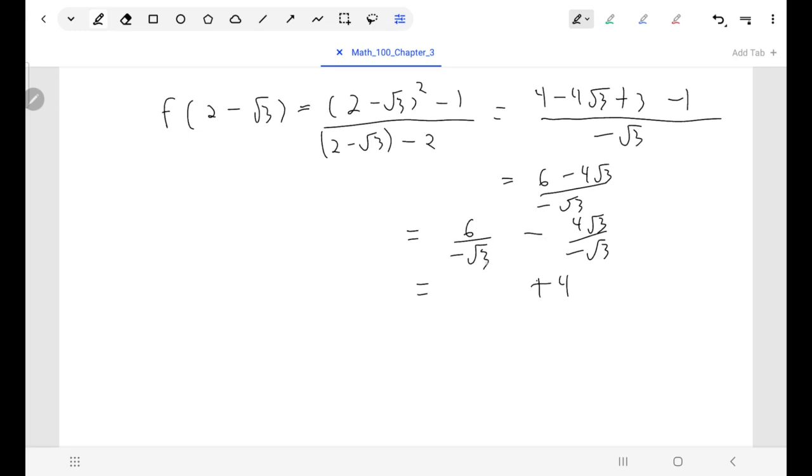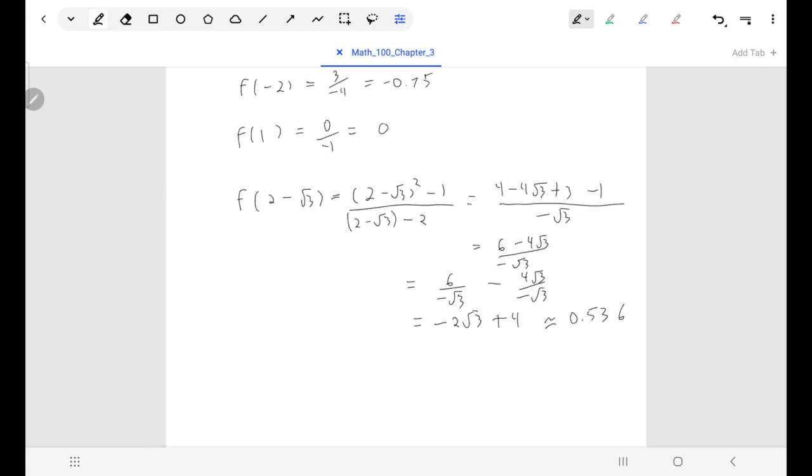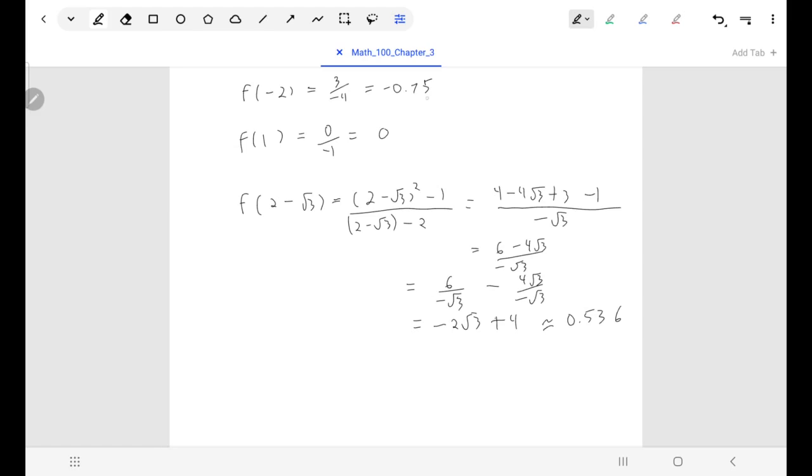And 6 divided by negative root 3, that's the same thing as negative 2 root 3. So if I run that through my calculator, I have 4 minus 2 root 3, and what does that turn out to be? 4 minus 2 root 3 is about 0.536, thereabouts.